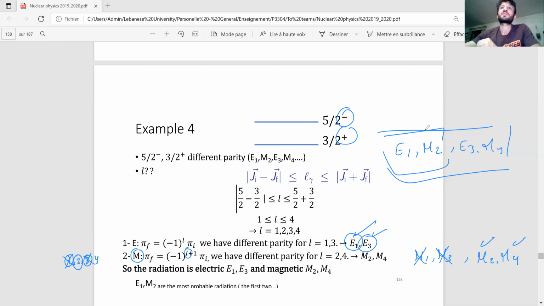Here we have a high possibility to have this transition, and here we have a low probability to have E3 and M4. So like this, we have a good idea and we have the answer and all the possibilities of the transitions between these two states. Okay.